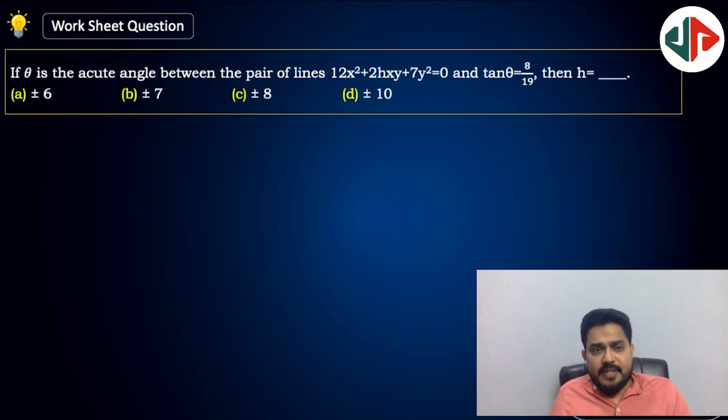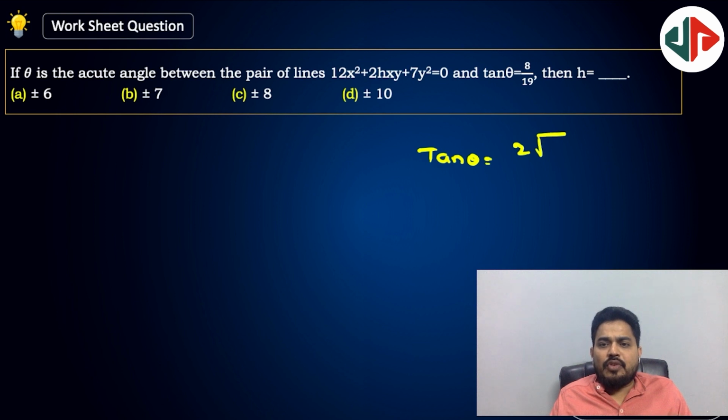If theta is the acute angle between the pair of lines, and tan theta is this, what is the value? So what is tan theta? 2 root over h square minus ab by a plus b.